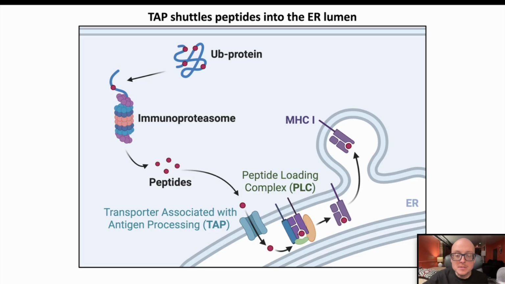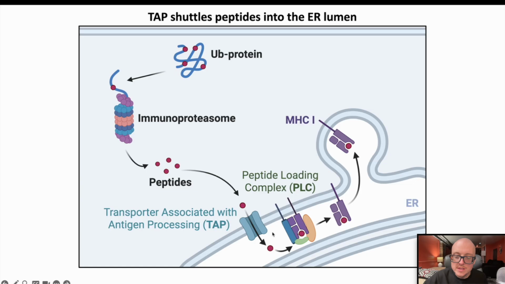In order to get where they need to go, the peptides need to be shuttled out of the cytoplasm into the lumen of the ER, and that is accomplished through a transporter called transporter associated with antigen processing, or TAP. TAP, through an energy-dependent, ATP-dependent process, pumps these peptides out of the cytoplasm into the lumen of the rough ER.